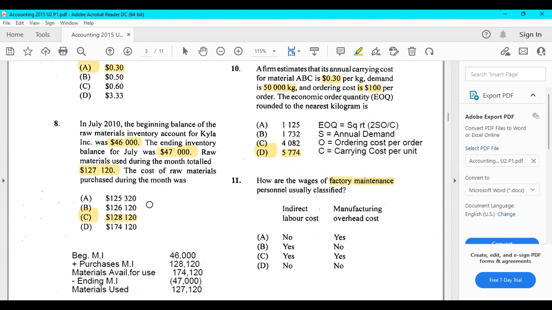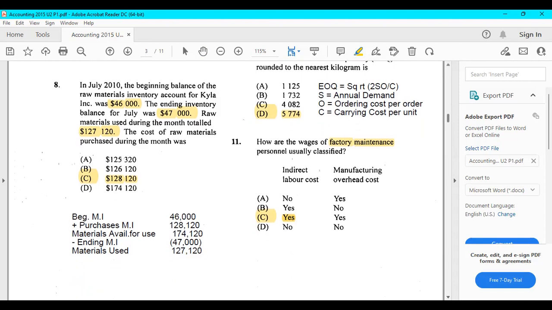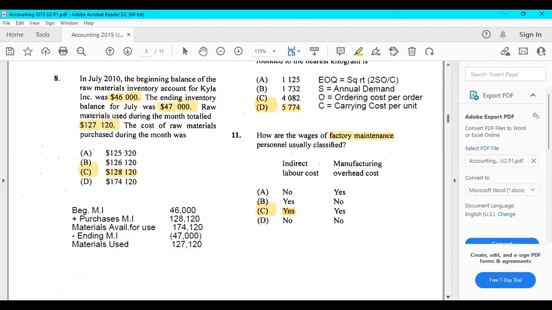So the answer is actually C, because they are indirect labor cost and their manufacturing overhead cost. Definitely C, because no, they're not directly linked to making the product. I don't know why this thing is behaving like this, to be very honest, but I tried to mark the answer. It is C. So they are indirect labor cost and your manufacturing overhead cost.